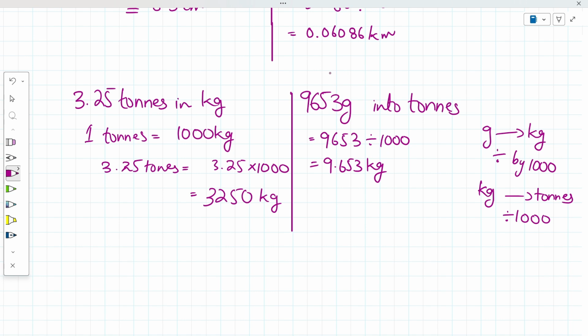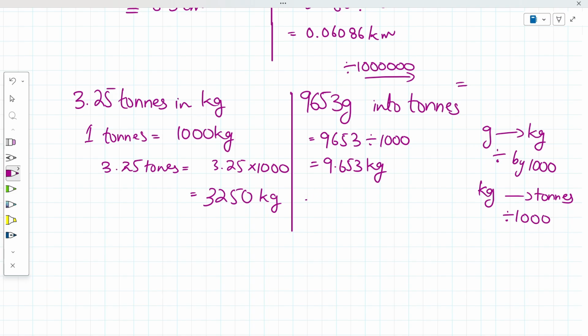Obviously if we do it directly from grams to tons, we divide by this bigger value, and the point moves automatically.